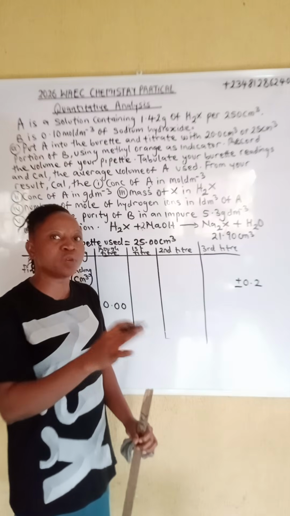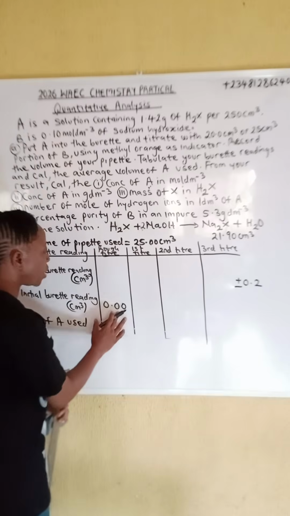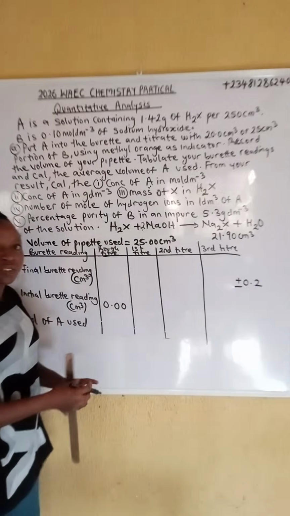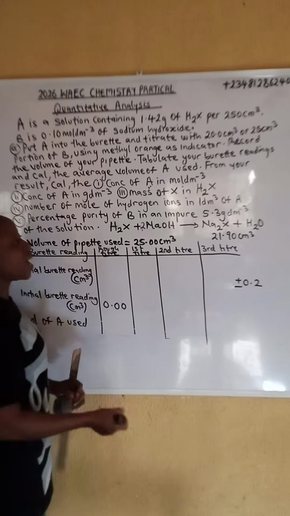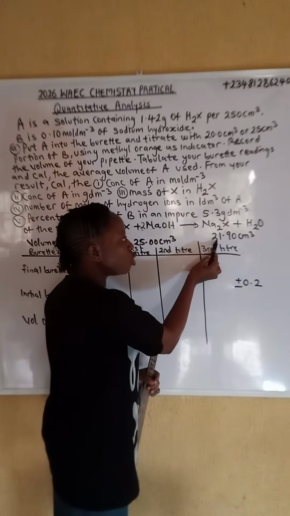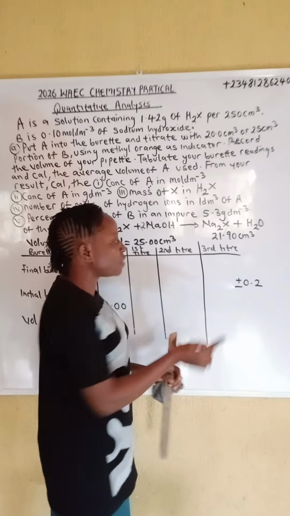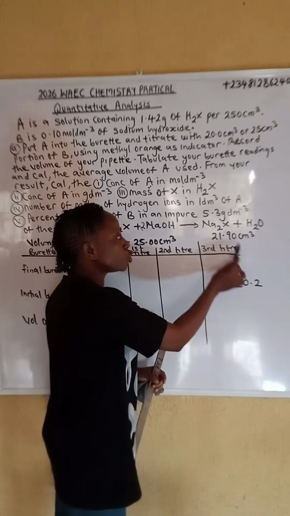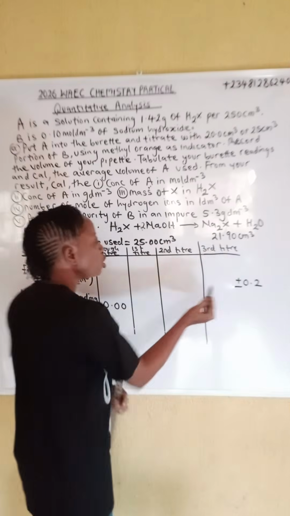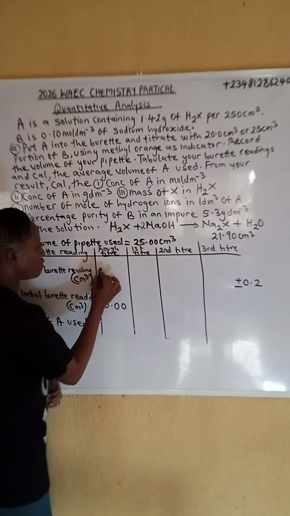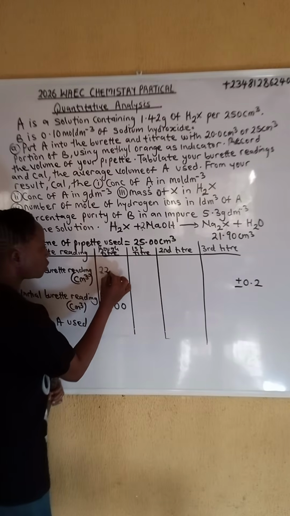The volumes must be recorded in 2 decimal places. So my initial reading is 0.00. Now I'm going to start with my original titre value, that is my school titre value. I'm going to add 0.2 to this titre value. So when you add 0.2, it will give me 22.10.